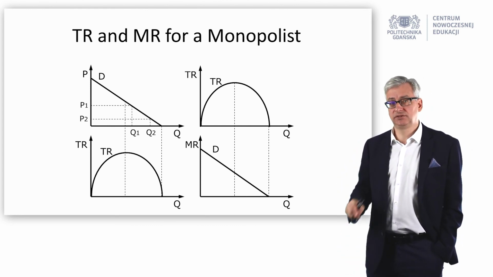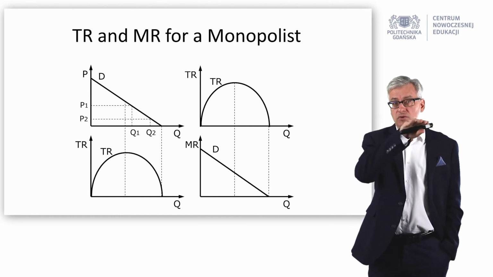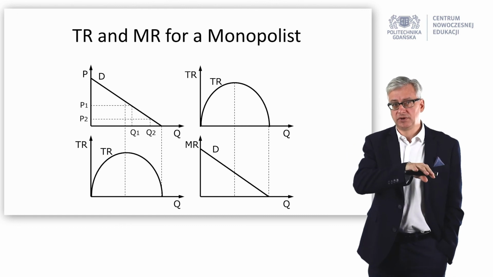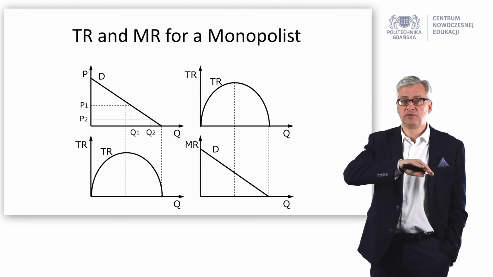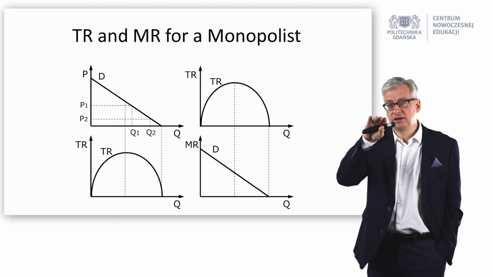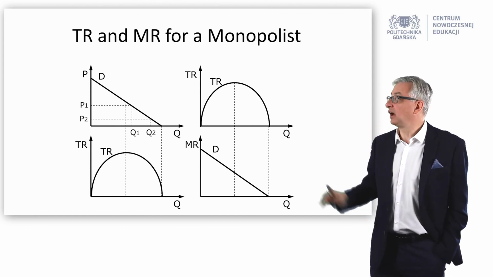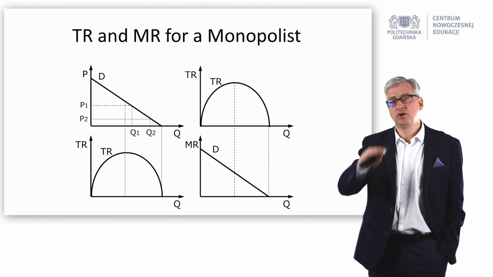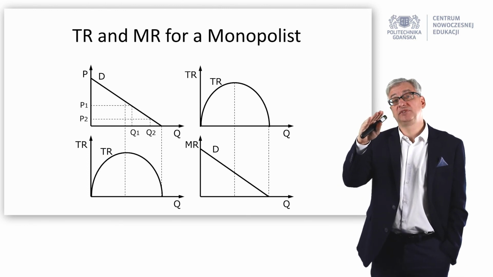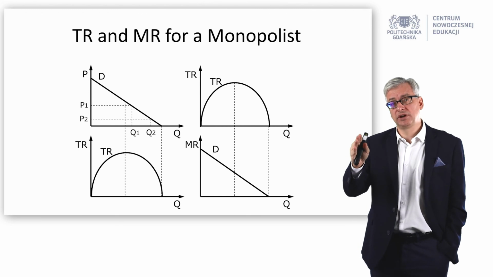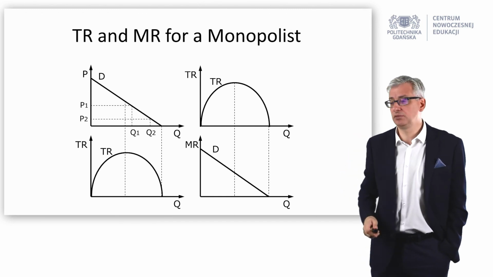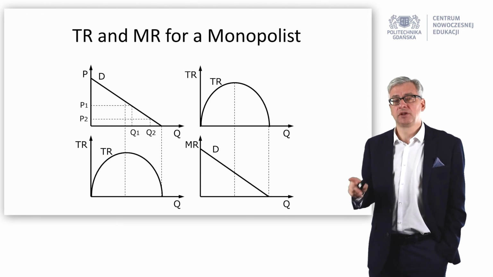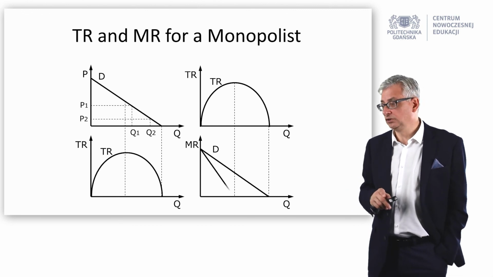And for the maximum level of TR, we've got 0 slope. So from the very beginning to the middle, we've got a positive but declining slope. And after exceeding this maximum value of total revenue, the slope becomes negative, more and more negative actually.